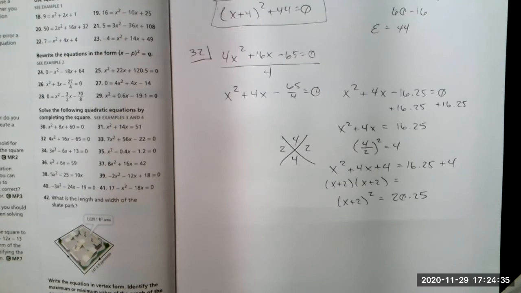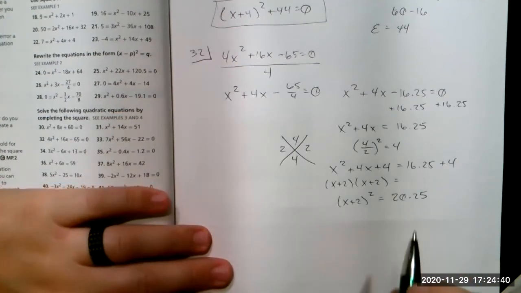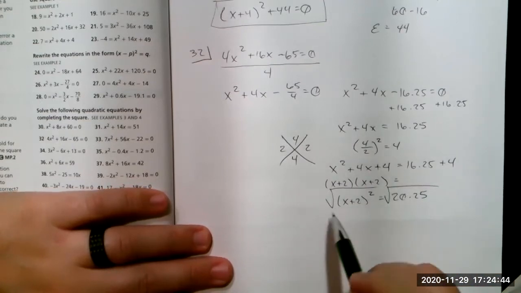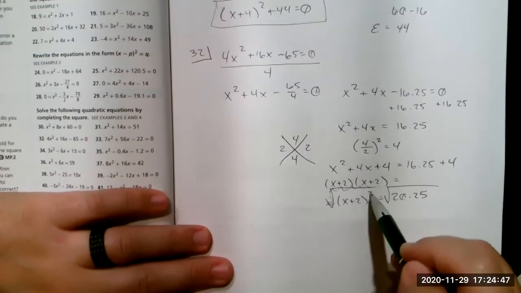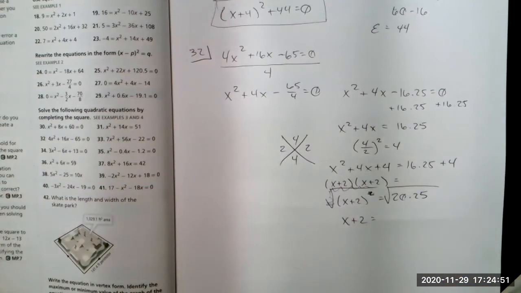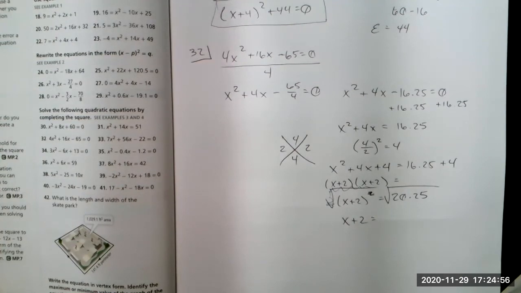So here's the point where we're going to go ahead and take the square root of both sides. If I square root the left and square root the right, remember the square root and the square undo each other. So I'm left with just x plus 2. Take my calculator. The square root of 20.25 is 4.5.